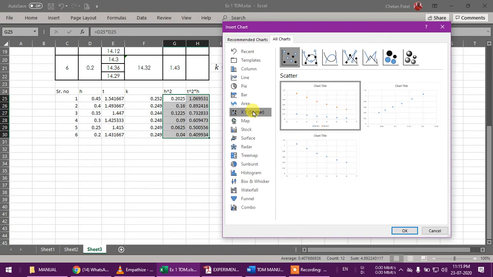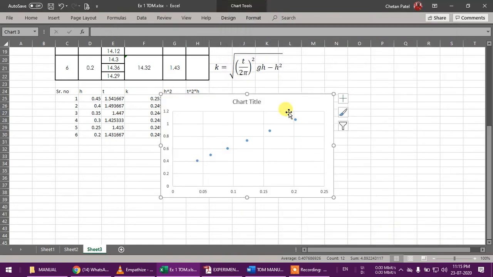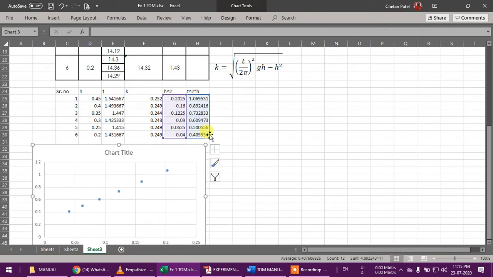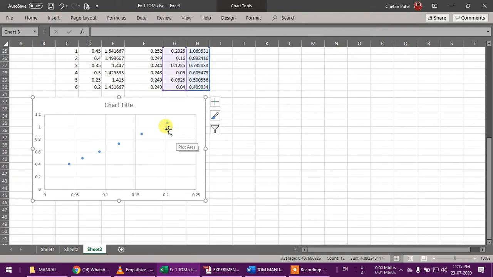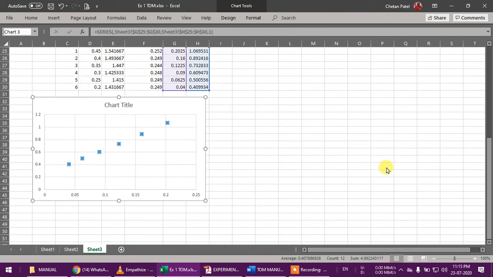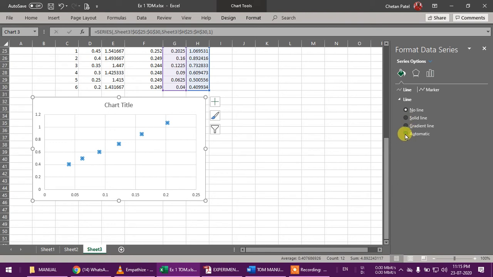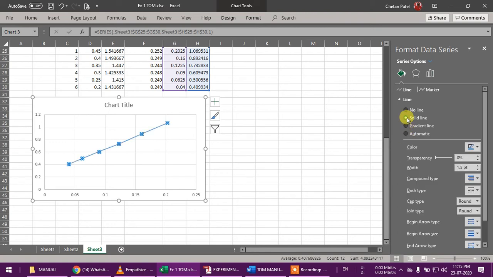What we need is xy scattered, and select this value, say OK, and we have the same graph, but where is the line? So to draw the line we need to select this, right click, format data series, and we need to go in the line, and we need to go with the solid line. When you do the solid line, then we can have these values.